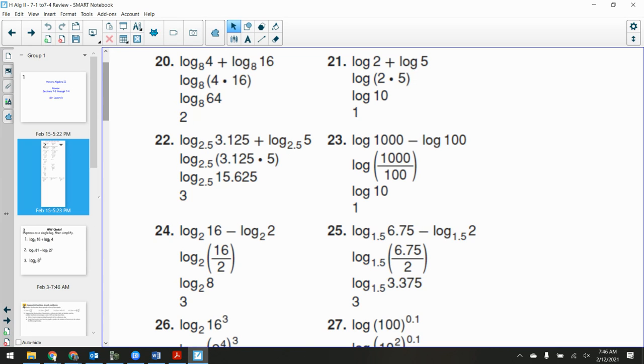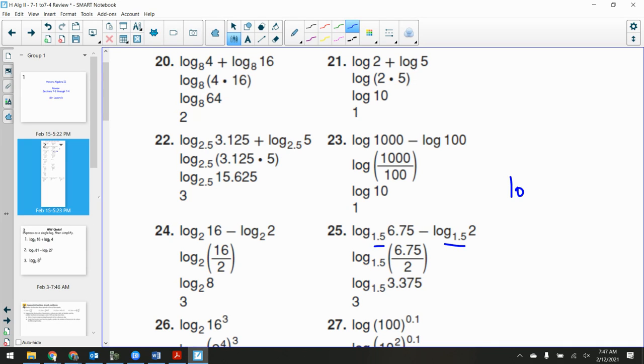25, sure. Now remember, it's very important that the order of the subtraction matters. The order of the subtraction really does matter because that's the order of the division. It matters what's in the numerator versus the denominator, the divisor versus the dividend. So the first number is going to be divided. Keep the same log base.